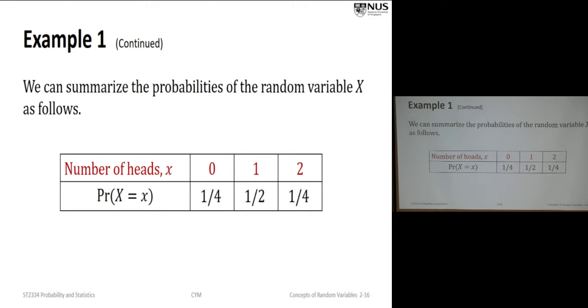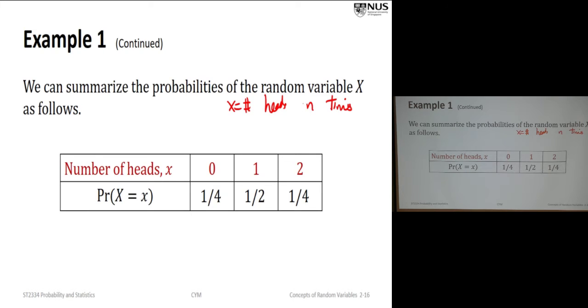So here it is. If X is the number of heads, by throwing the coin n times, X takes the value 0, 1, 2, up to n. In this example, n equals 2.